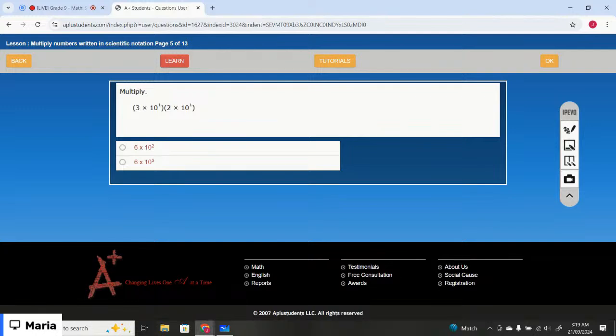Multiply 3 times 10 exponent 1 and 2 times 10 exponent 1. So which is the correct option?